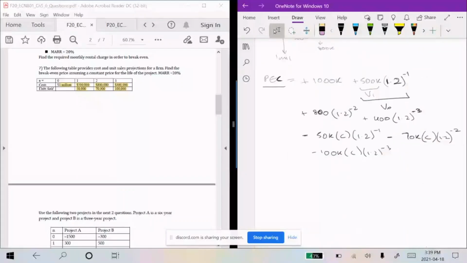Now we just got to solve for C in this. Let's take all these negatives to one side.